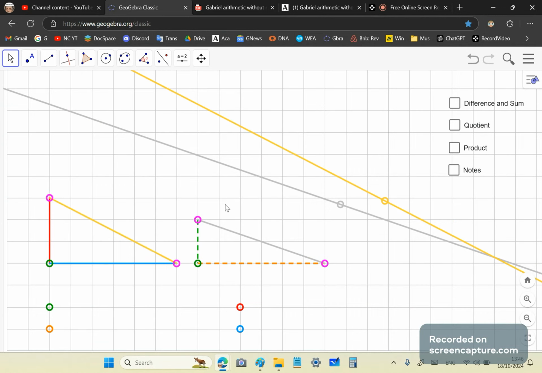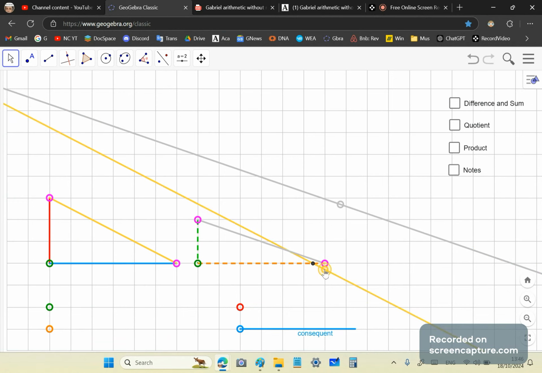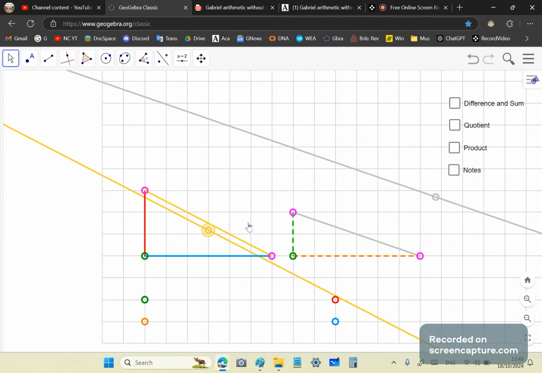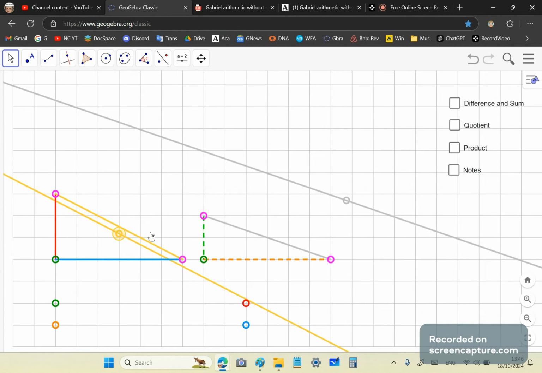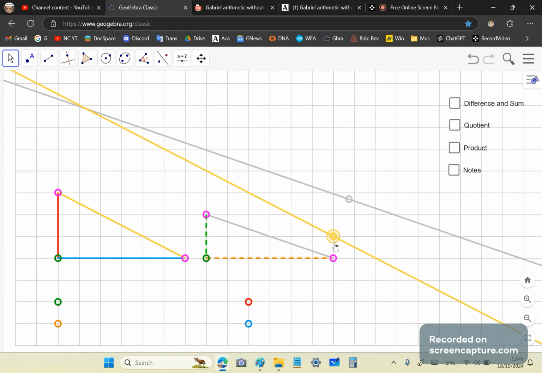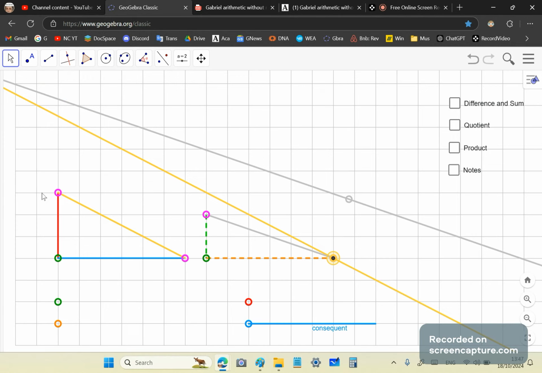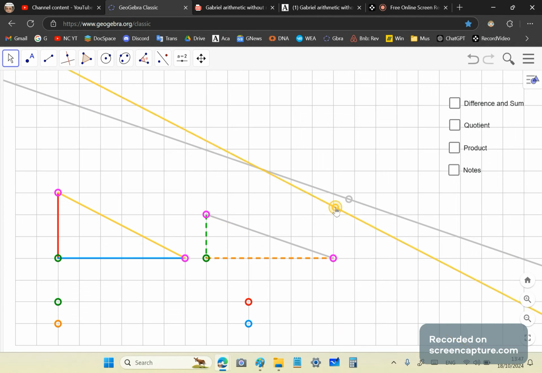So now they have the same antecedent. And of course, I showed you how you can do that: you just take the line that's parallel to this one, bring it over here like that, and you know that that's where the new antecedent is going to be, where I'm pointing to now.